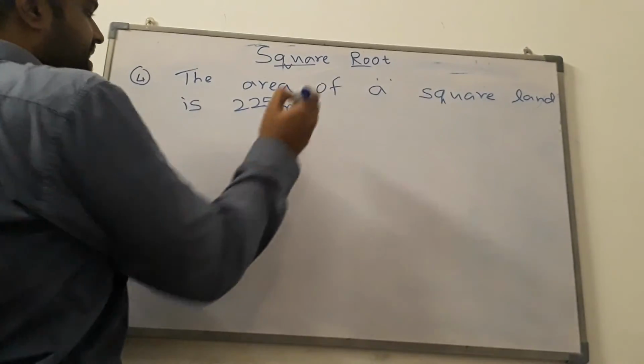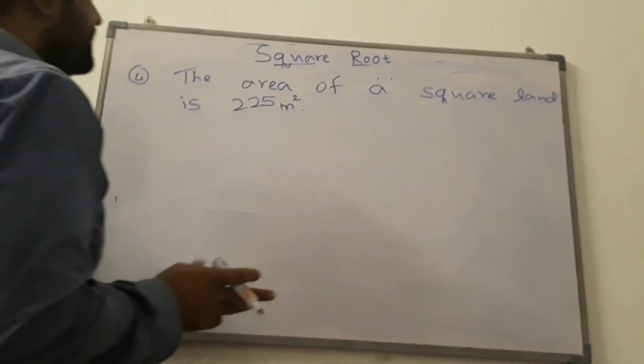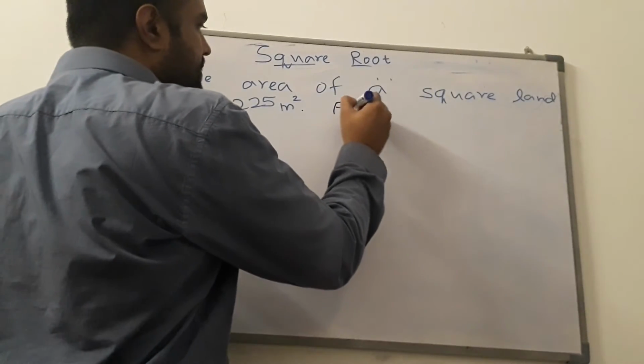There are no such areas of lands in reality, but we assume the area of a square land is 225 meters square. Find the length.